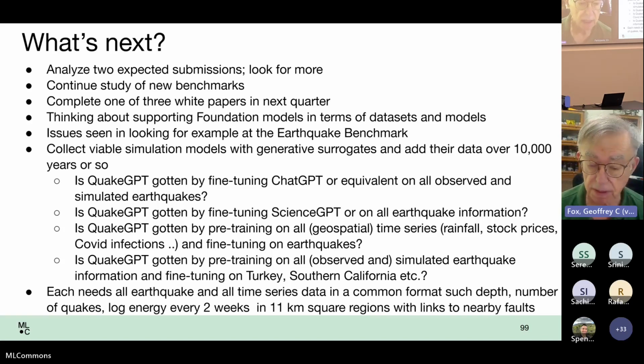And the final possibility: there are a lot of regions of the world where you have earthquake data: Turkey, Haiti, Southern California, Northern California. So you could pre-train on all the world's data and lots of simulated data, and then fine-tune on particular regions. However, all of them probably need the same basic data. So we're trying to understand what this means.